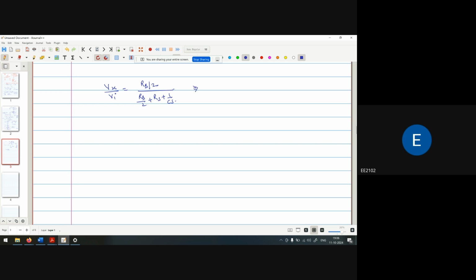I can use this consideration, like if Rs is less than Rp. So we can say that Vx upon Vi is equal to Rb by 2 upon Rb by 2 plus 1 upon Cs.